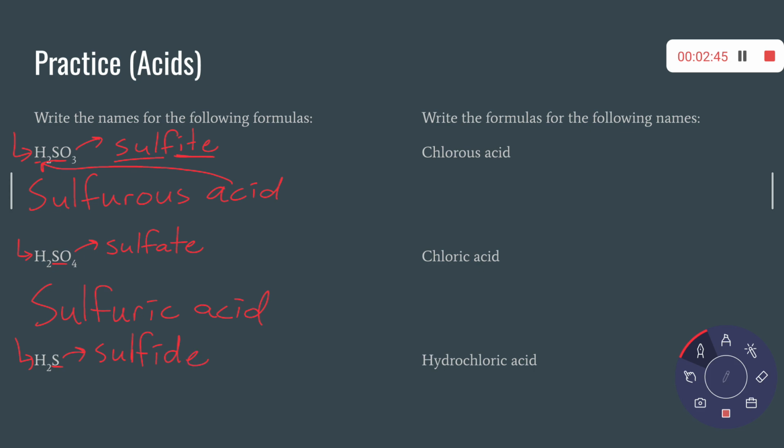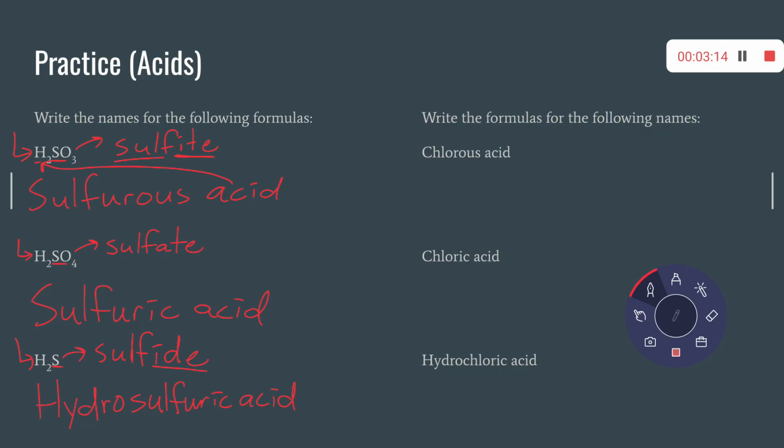IDE is the only acid name that also gets a prefix. So this translates to hydro-blank-ic acid. So sulfide becomes hydrosulfuric acid.